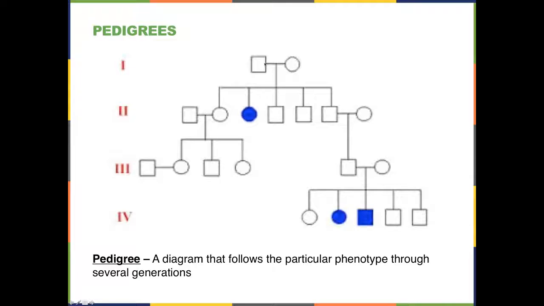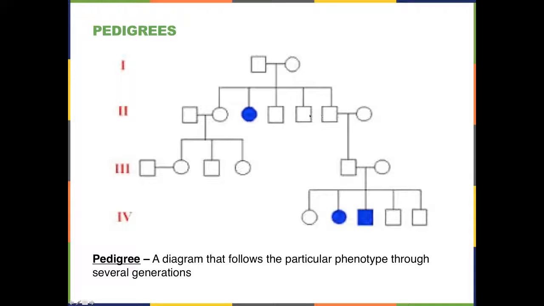And open, or white in this case, is an unaffected, for whatever the trait is, unaffected male, unaffected female. It can also represent a brown-haired male and female, and then blue would be blonde hair. It's usually the less common phenotype that is a different color. And here's 2, say, blonde-headed individuals.